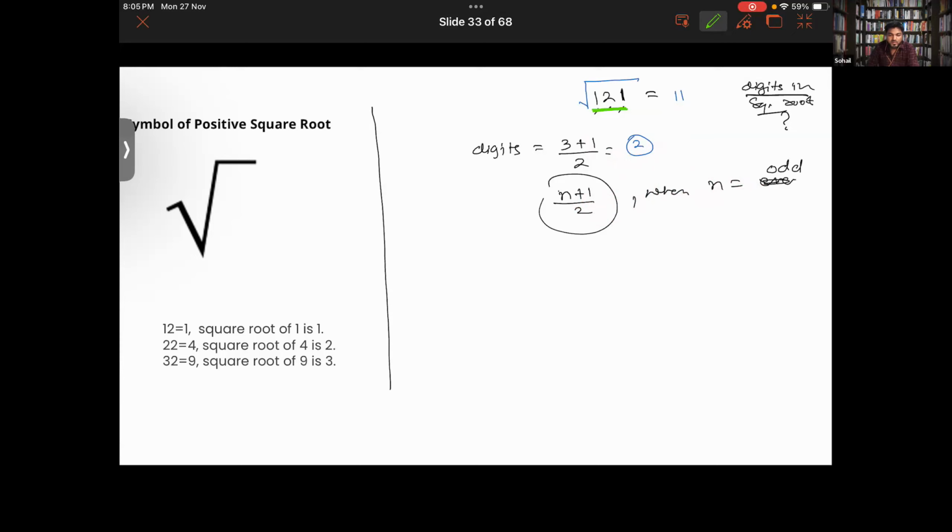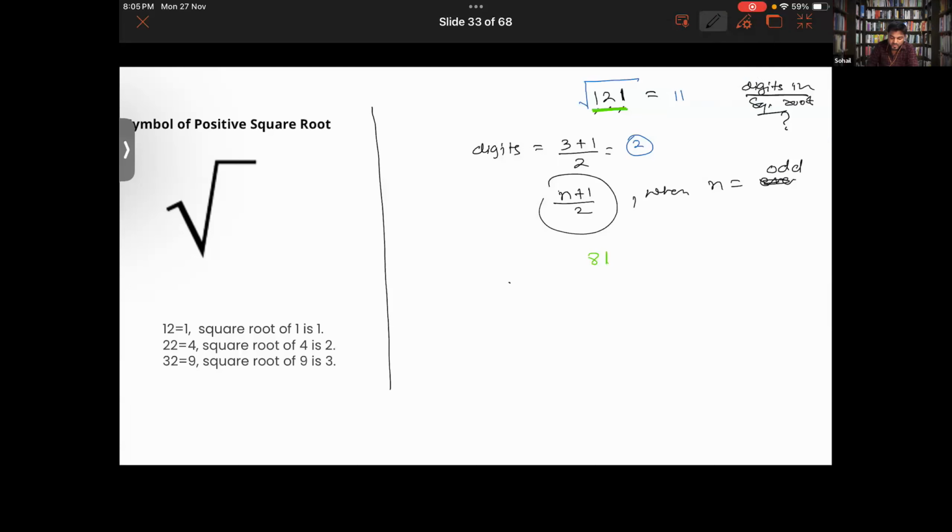Say you have another example, numbers in which the number of digits are even. Give an example of a square whose number of digits are even. 9 square, very good. 81.